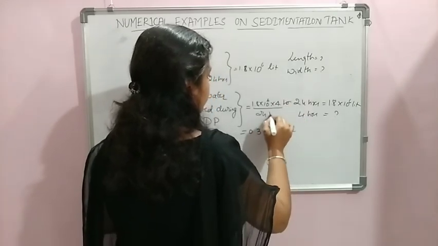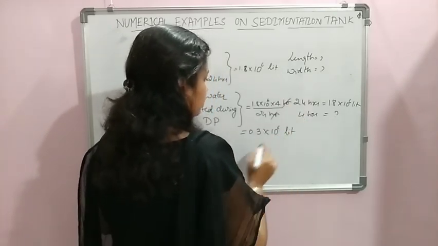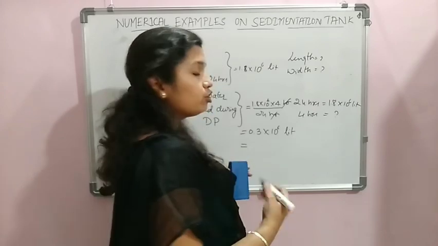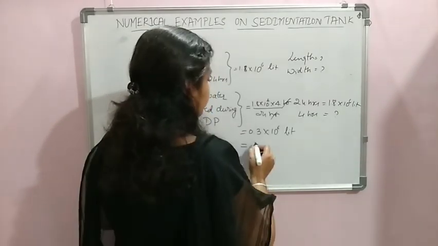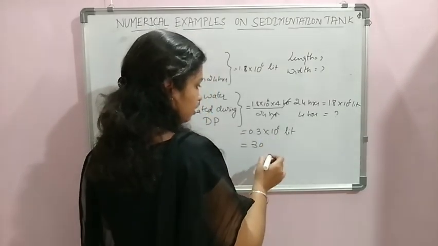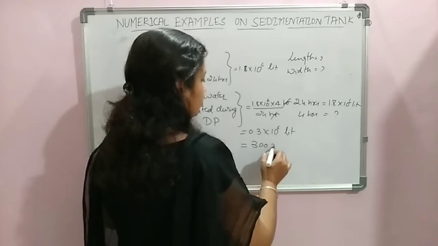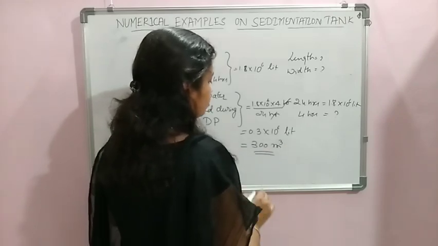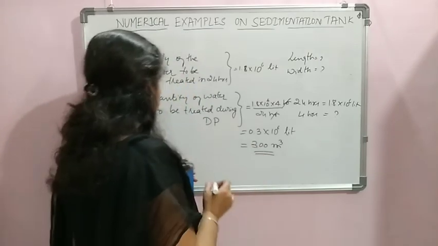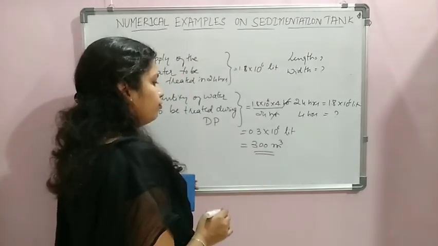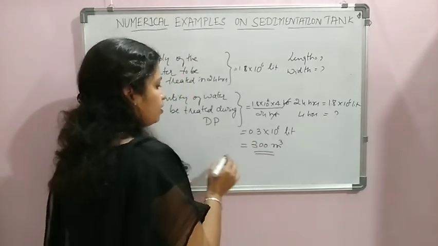Here hour gets cancelled, the remaining answer is in liters. If we convert it into meter cube by dividing by 1000, we get 300 meter cube. This is the quantity of water we need to treat during the detention period.